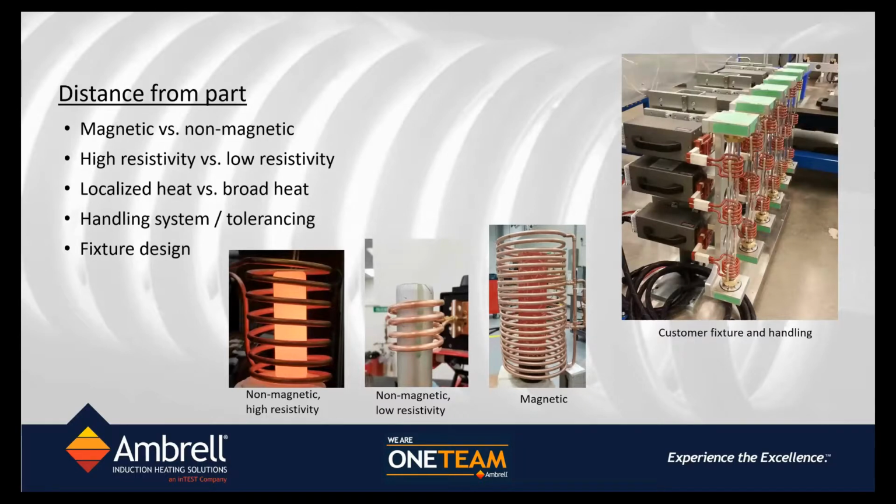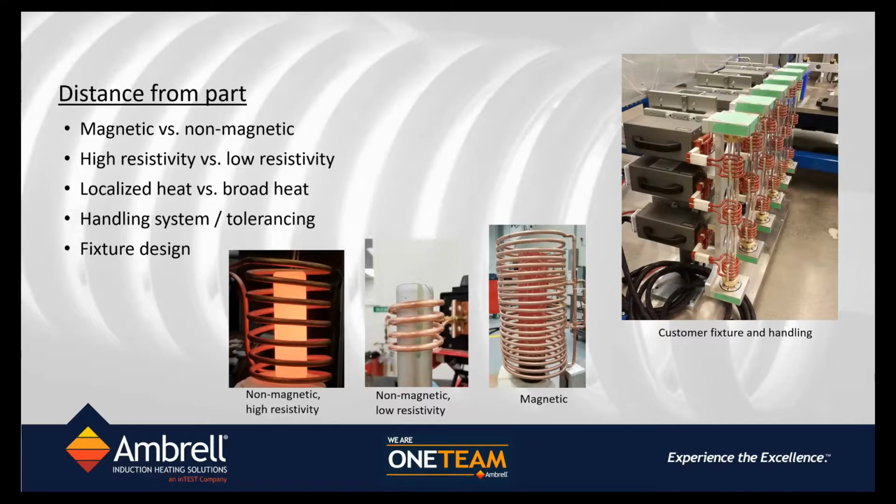So let's talk about the distance from the part. Why would you want to change distance from the part and not just have a very tight distance from the coil in all cases? There are a lot of applications, like high temperature applications, where one may not want to have the copper tube too close to the part because the heat from the hot part might affect the copper.